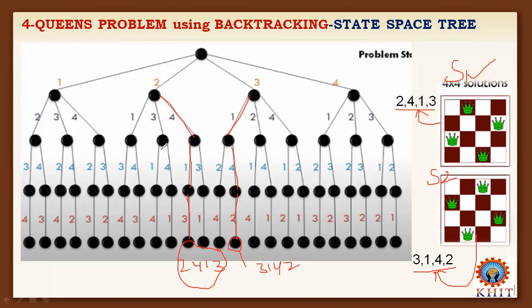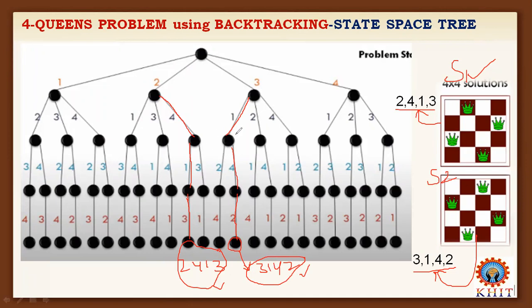So among those 24 possibilities, only 2 solutions will yield the result correctly. These are the 2 solutions which satisfy the constraints of the problem. So for the 4 by 4 chessboard, we will get 2 solutions. This is solution 1, this is solution 2.